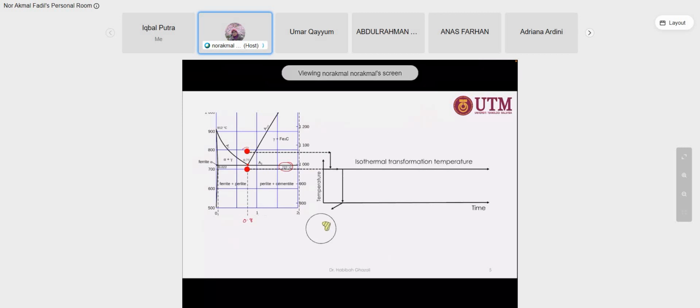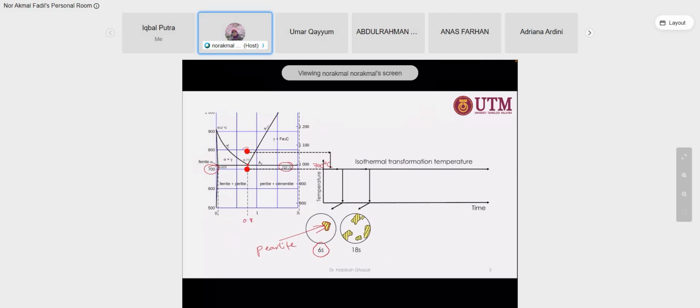Firstly, you heat it up to this temperature, and after 6 seconds, in this example, you quench from 700 degrees Celsius. This is the first experiment at 700 degrees Celsius. Sample number 1, after 6 seconds, you quench into cold water. You can see there is a small amount of perlite.